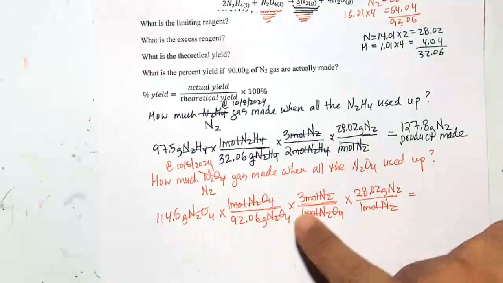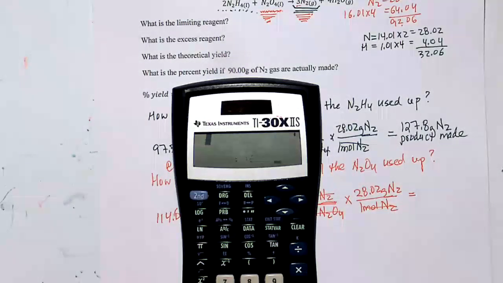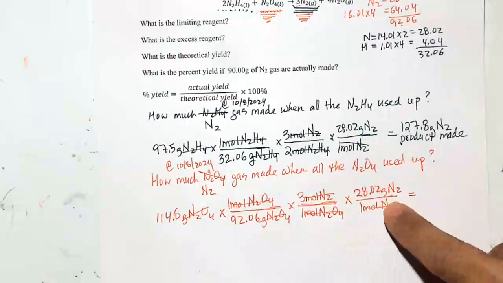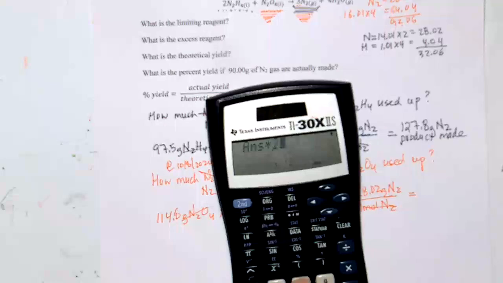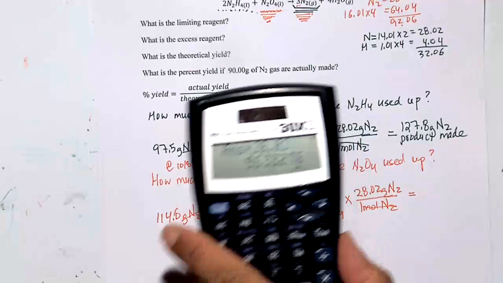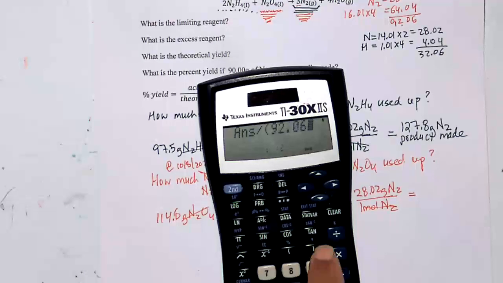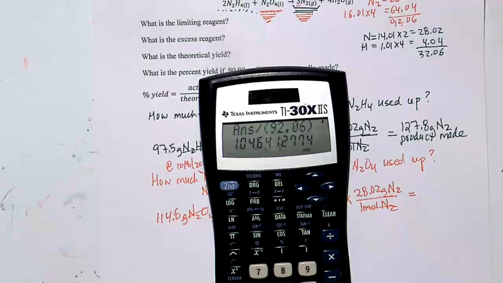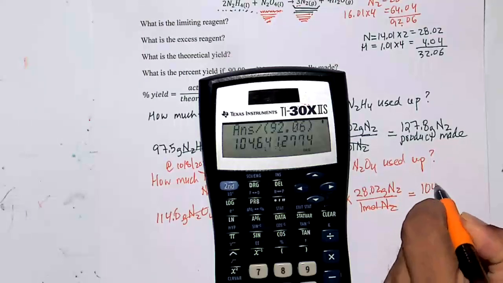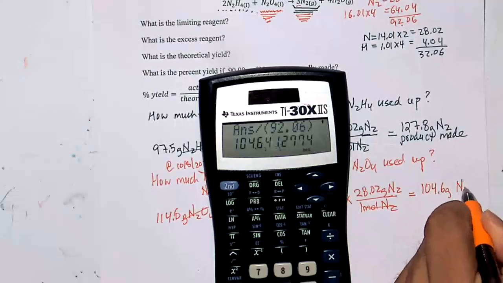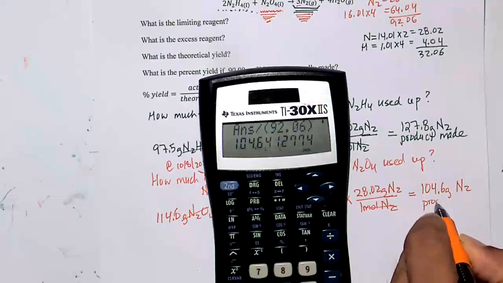Let's do this quickly on our calculator: 114.6 times 3 times 28.02, divided by 92.06. Getting about 104.6 grams of N2 product is made.